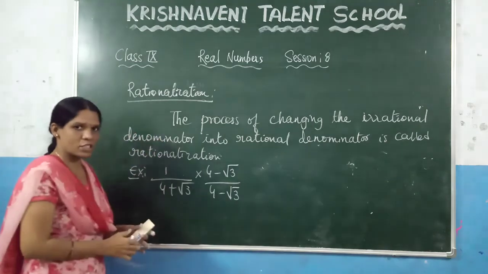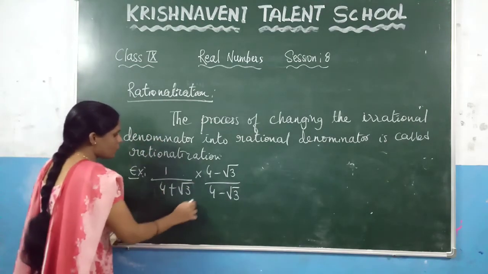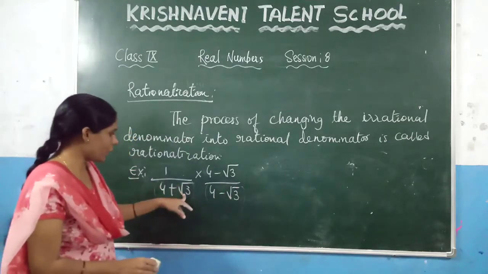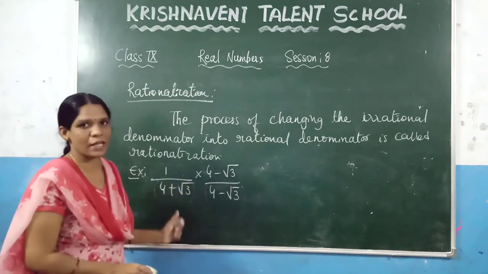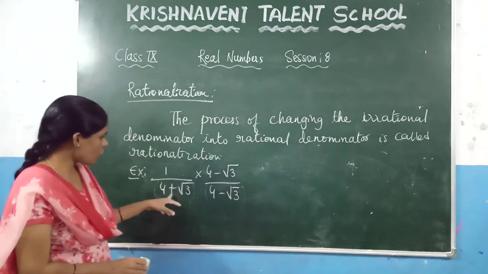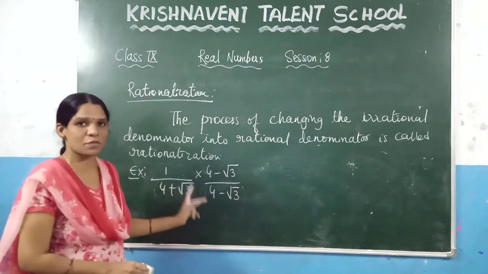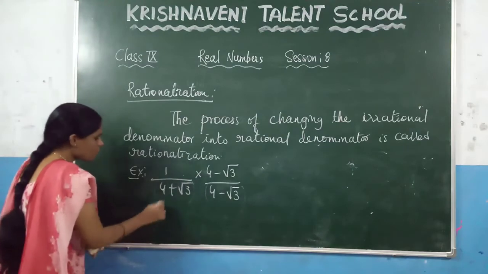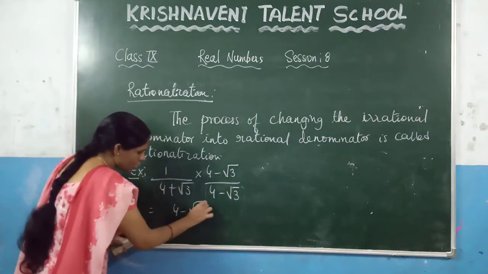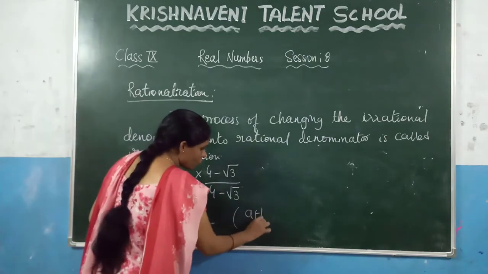Why have we done like this? Because here we have the formula (a plus b) into (a minus b). That means you have to write the denominator such that the root is cancelled. Here it is in the form (a plus b)(a minus b), and you know that (a plus b)(a minus b) is a square minus b square. So here 1 into 4 minus root 3, which is 4 minus root 3, by what is the formula for (a plus b)(a minus b)?